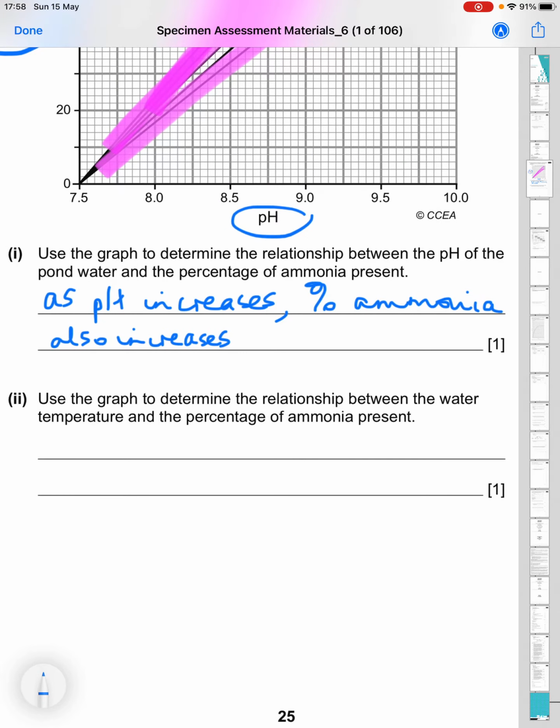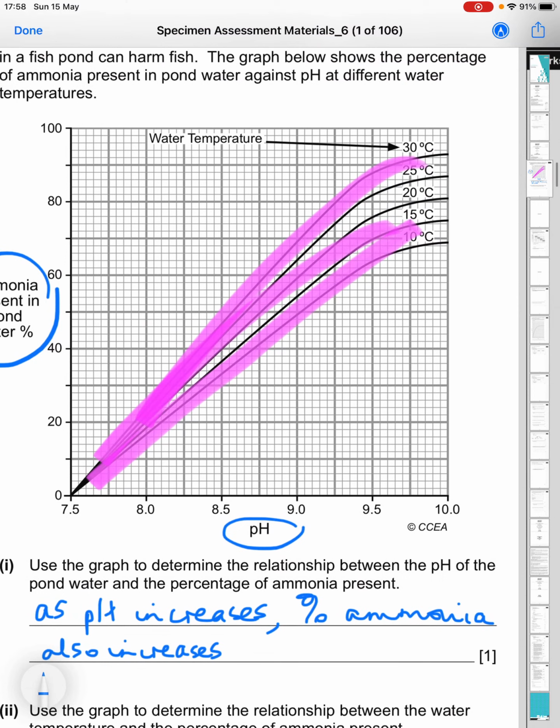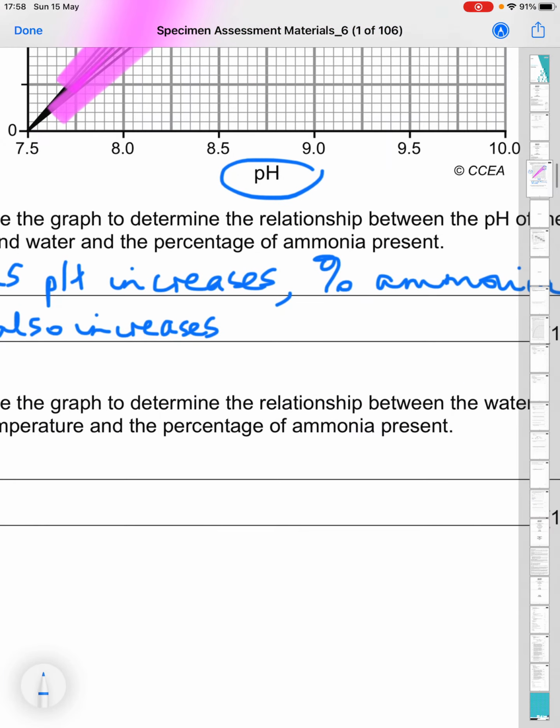Then use the graph to determine the relationship between the water temperature and the percentage of ammonia present. Here we see the water temperature increasing as we go up, and you can see clearly that the higher the water temperature, the higher the percentage of ammonia.